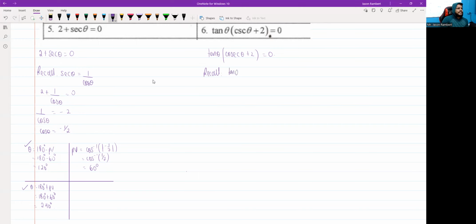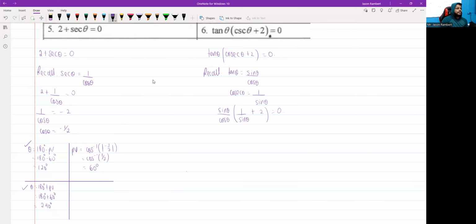So tan theta is sine theta over cosine theta, and cosec theta is equal to 1 over sine theta.